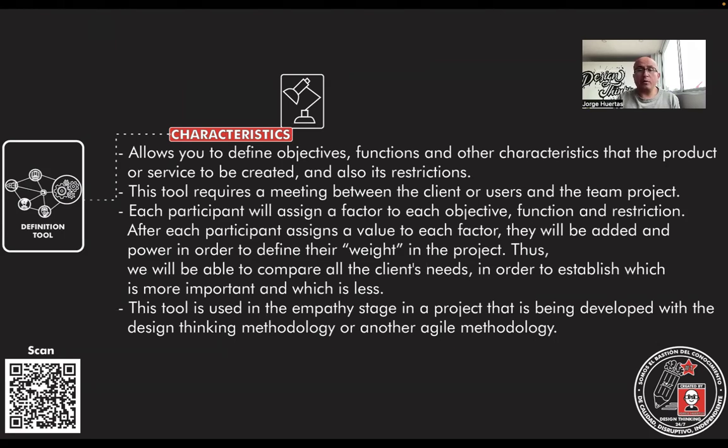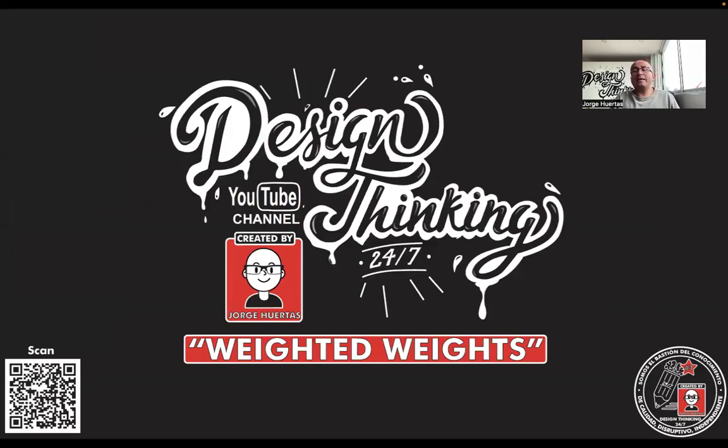This also lets you compare the different clients' needs in order to establish which is more important and which one is less important. This tool is used in the empathy stage in a project that is being developed with the design thinking methodology or any other agile methodology. So Weighted Weights is an extremely helpful tool.